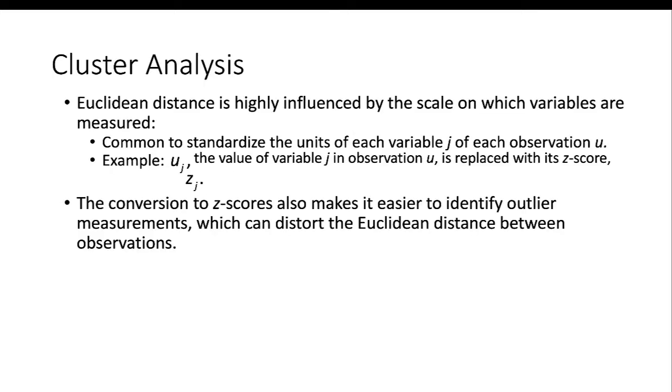The conversion to z-scores also makes it easier to identify outlier measurements, because outliers can distort the Euclidean distance between observations. After conversion to z-scores, unequal weighing of variables can also be considered by multiplying the variables of each observation by a selected set of weights.